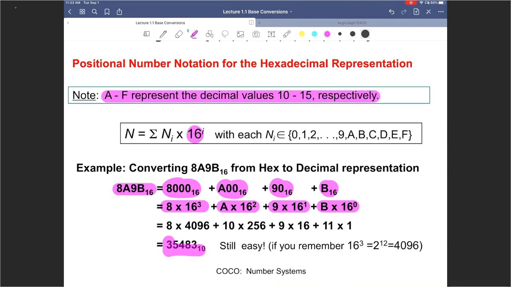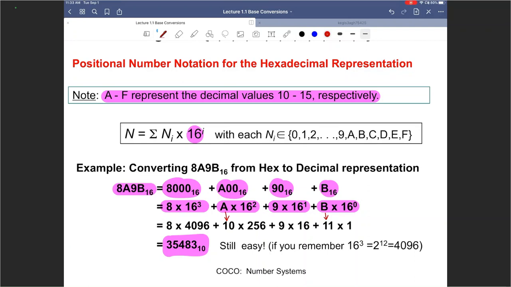When you do that, you have got the number in decimal. The only thing that was tricky over here was because B is a hex digit, we are going to represent that using its decimal equivalent of 11. Same applies for A. A is decimal 10.